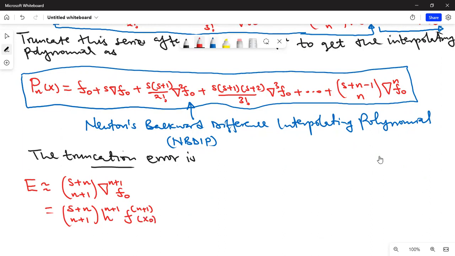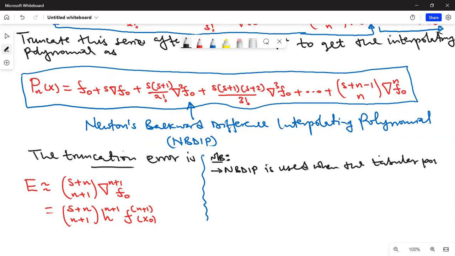So there's something you need to take note of in this polynomial. NB: the Newton backward difference interpolating polynomial is used when the tabular points, that means the x values, those are the ones you're calling tabular points, are uniformly spaced.